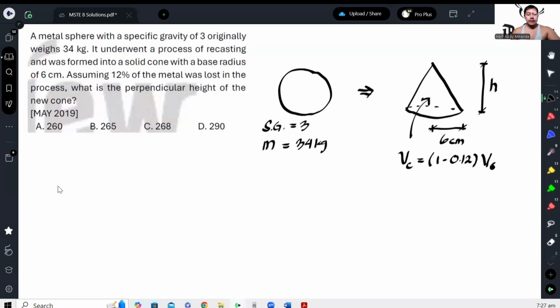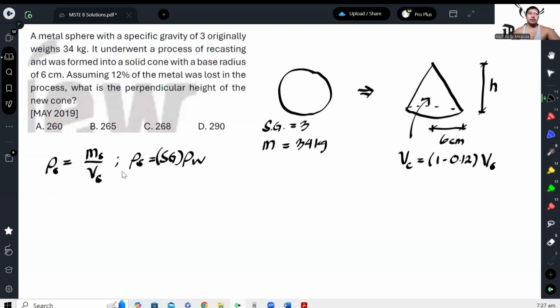To calculate that, let's do the concept of density. So alam natin na ang density ay equal sa mass divided by volume. So gawin natin itong mass ng sphere, volume ng sphere, at density ng sphere. So sa density part, dapat balikan natin na ang density ng kahit anong material ay equal lang sa specific gravity ng material multiplied by the density of water.